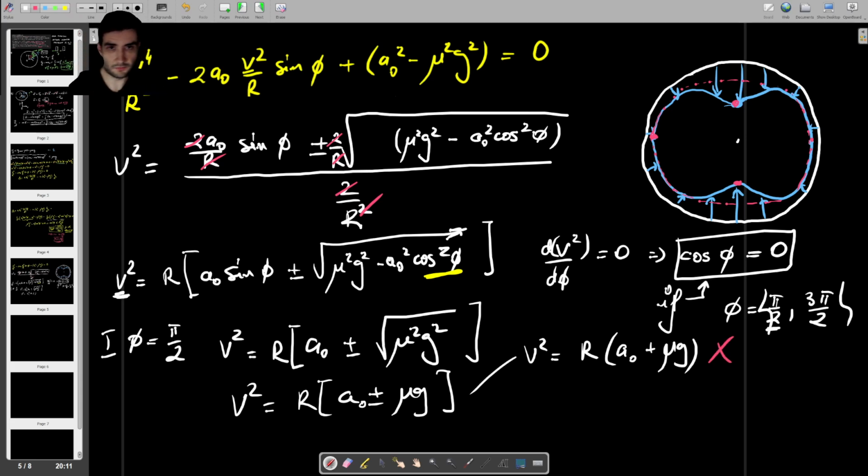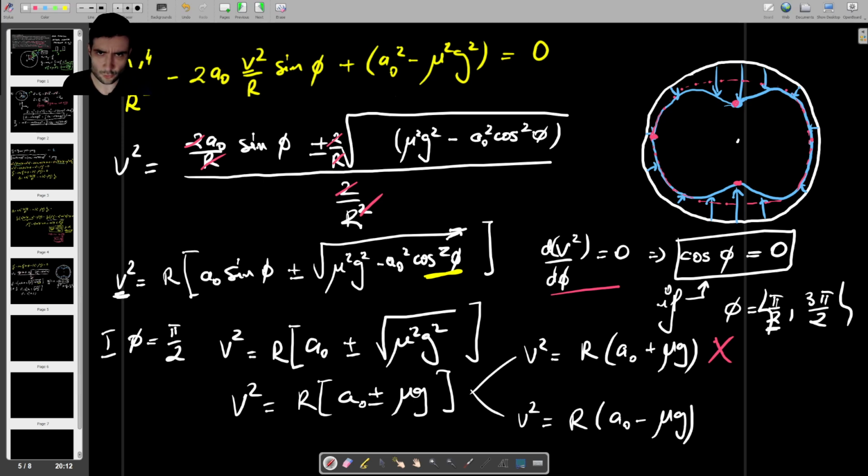because this is the maximum speed. Because when you differentiate, obviously you get stationary points. So now we're thinking which one is maximum, which one is minimum. So this one is clearly the maximum velocity, which is not what we're looking for. The other answer is r times a0 minus mu g.